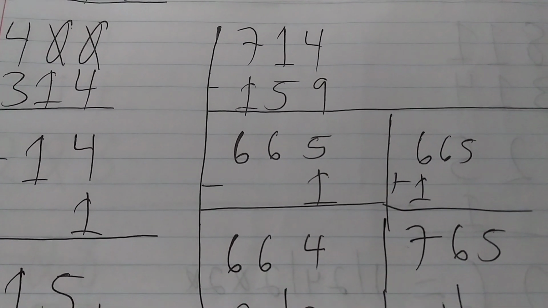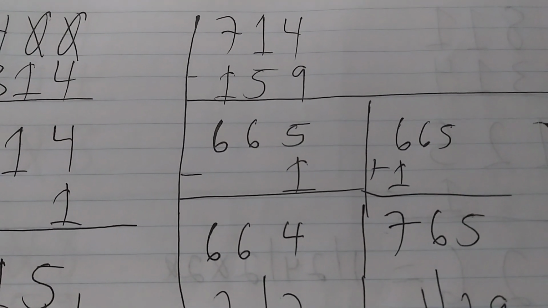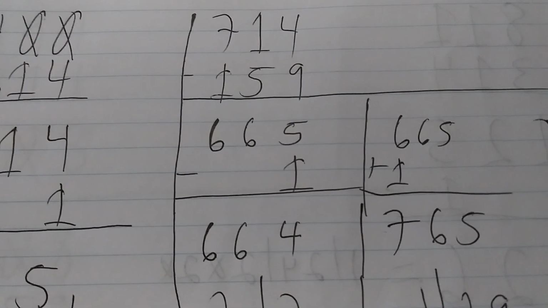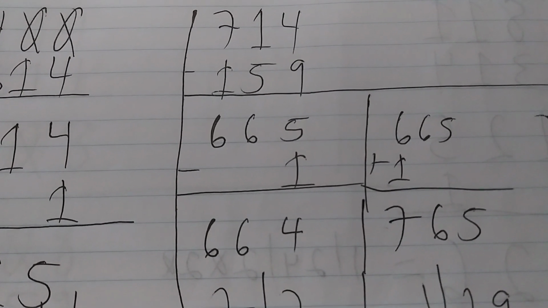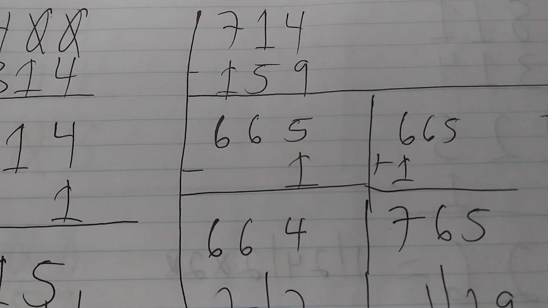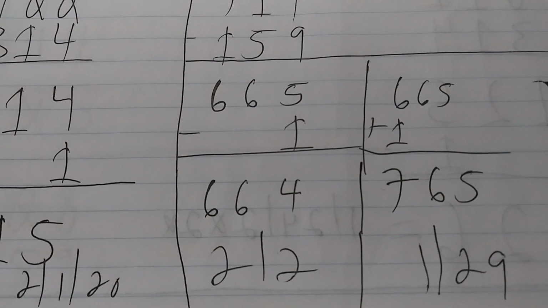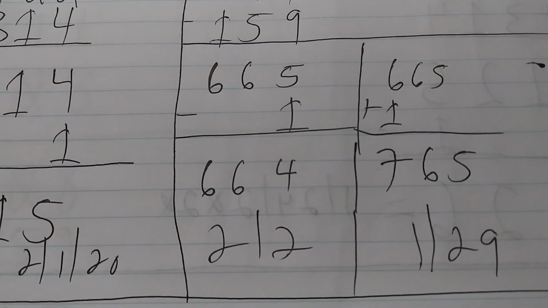And then that 714 that you got from over here, you're going to subtract off 159. So you have 7 minus 1, which is 6. 11 minus 5, which is 6. And then 14 minus 9, which is 5. 665 did not hit in the next 7 days.